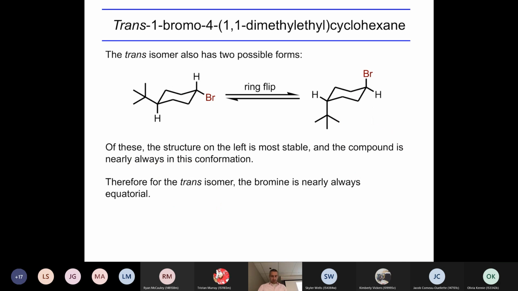The other one, the trans, has these two forms. What's the favored conformation here? Left or right? Yeah, left, big time. This is the favored conformation. Both equatorial. So yeah, like 99.999% of the time it's like that. Basically never like this.